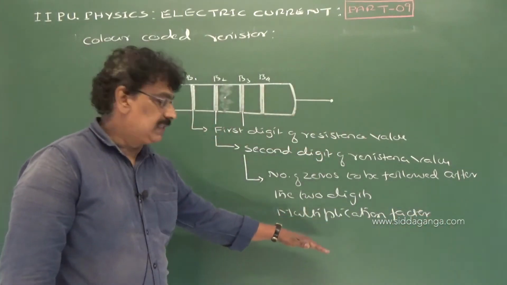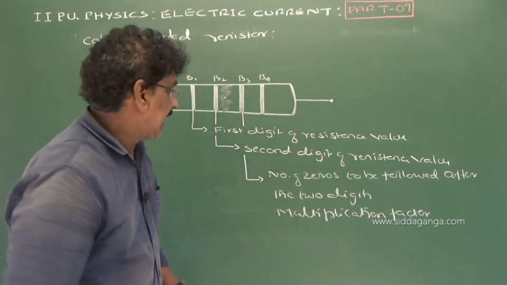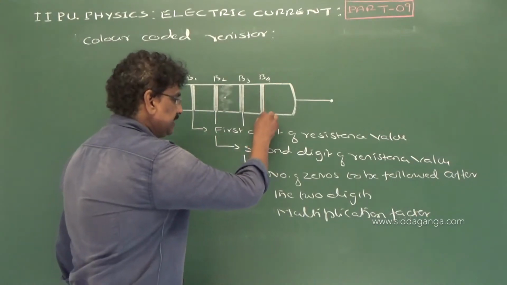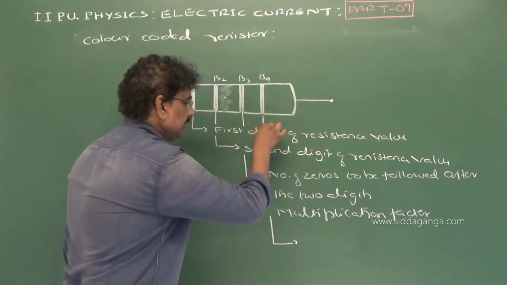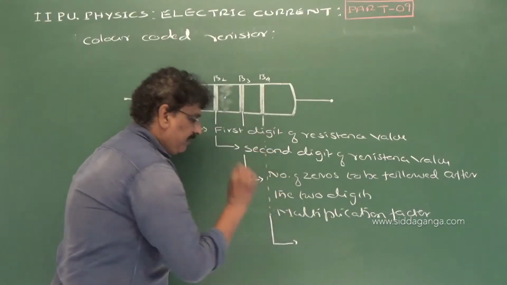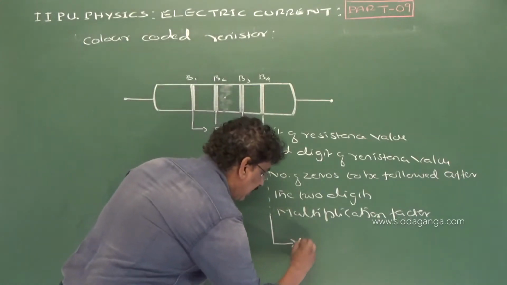That is, the two digits are multiplied by the appropriate power of 10. And the fourth band represents the tolerance.